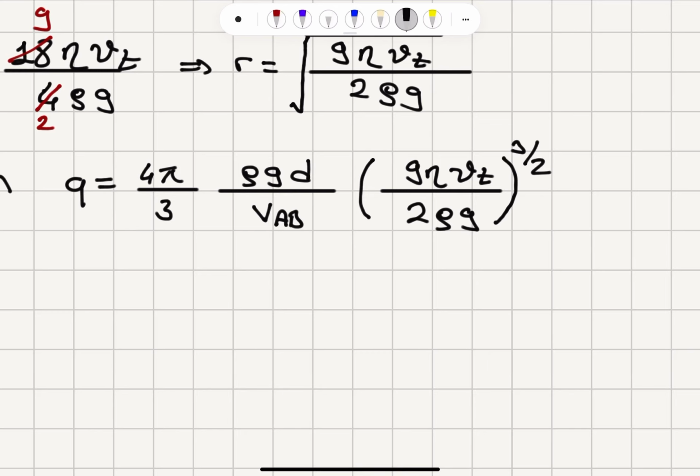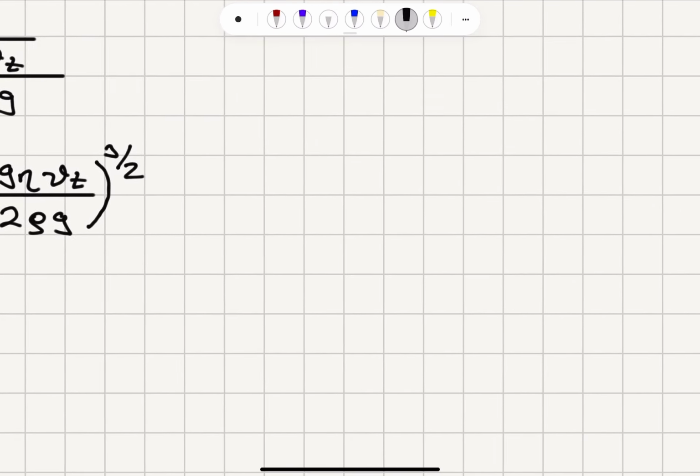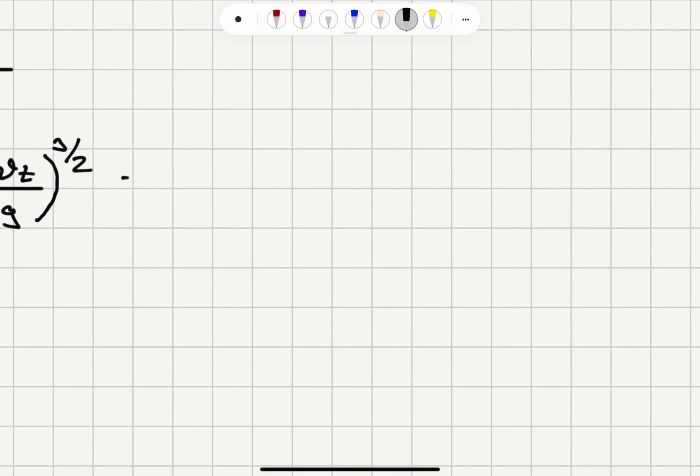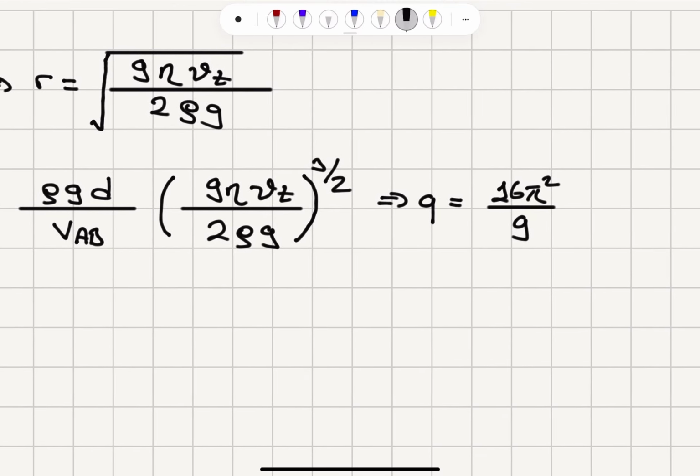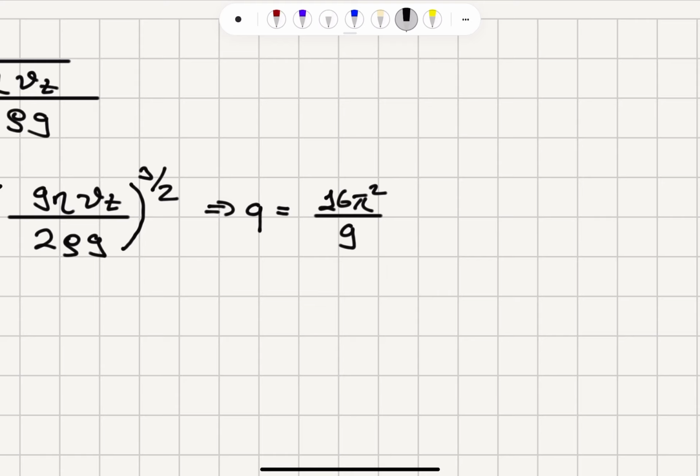So let's put everything inside this square root and see what happens. So this will imply that Q is equal to, so 4 pi over 3 inside the square root will become 16 pi squared over 9. That's the first term. Rho g d over VAB will become rho square g square d square divided by VAB square.